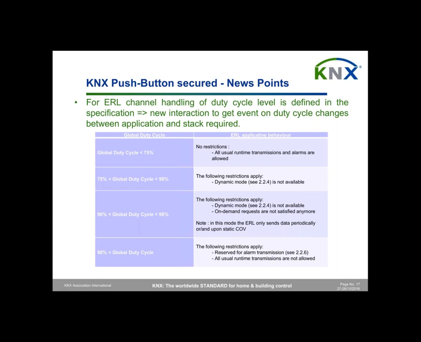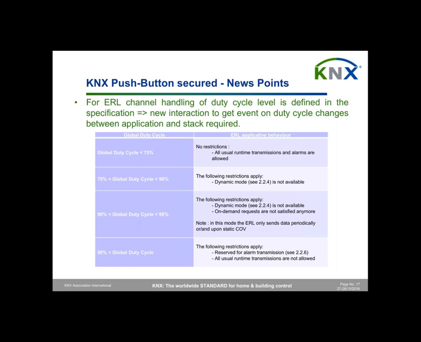Then second case, you are under 90%. The dynamic mode, which requires more telegrams, is no longer available. So according to this, the end user or the display is no longer able to activate the dynamic mode. If you go to the next step, you have more restrictions.